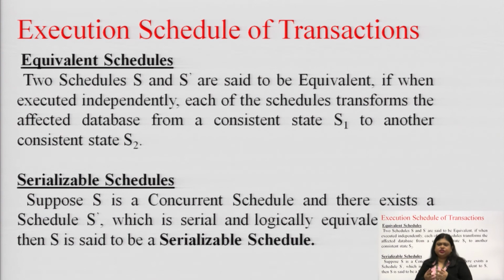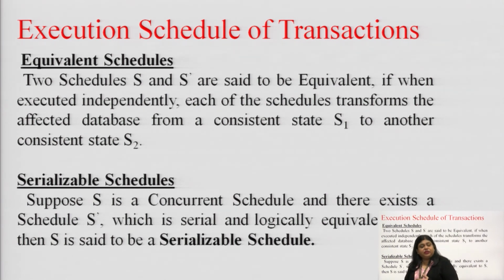So, any two schedules, their sequence may be different, right. Their sequence may be different, but any two schedules which are converting from state S1 to state S2, and both of them are doing the same thing, at the end we are getting the same values, we say that both the schedules are equivalent schedules, right.